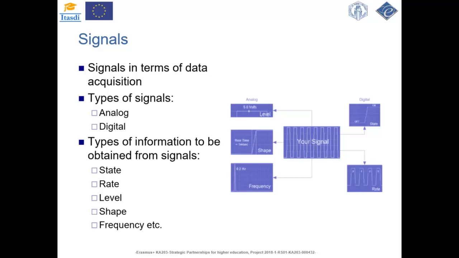That's the most basic categorization. And after we categorize the signal, we need to decide which type of information we want to obtain from the signal. The possible types of information that we can extract are state, rate, level, shape, and frequency, etc., as is shown on the picture on this slide.